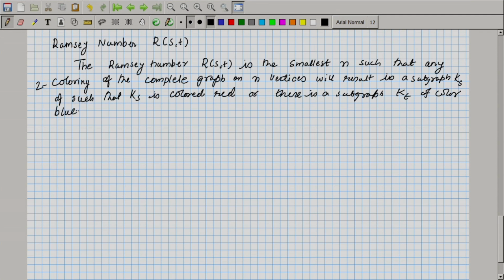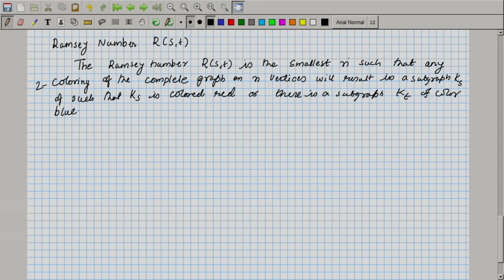So, the smallest number n such that any two coloring of the complete graph on n vertices will result in either a subgraph of size S which is colored red, or a subgraph of size T which is colored blue.